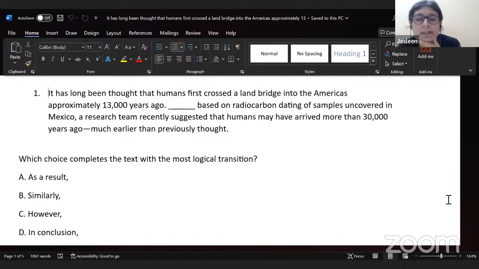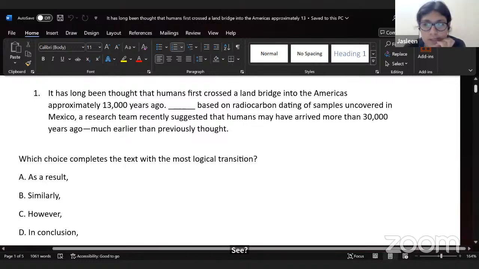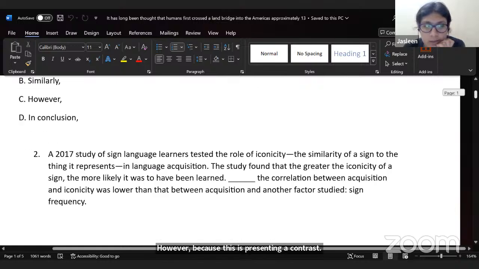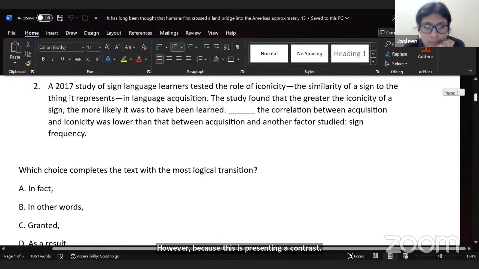What is the right answer? See, "However", because this is presenting a contrast. Perfect.